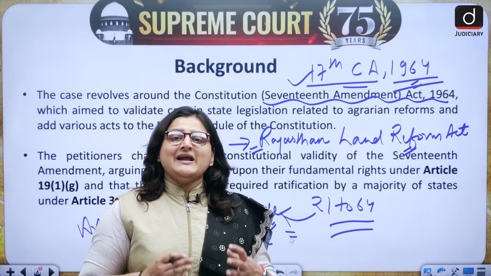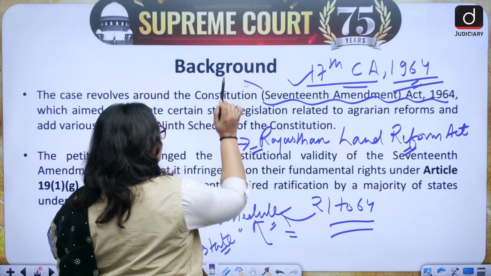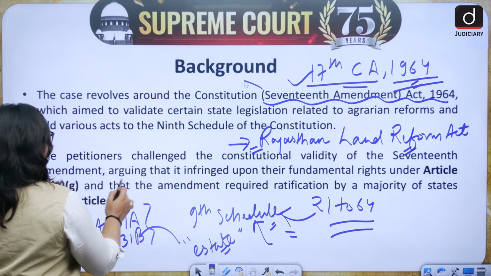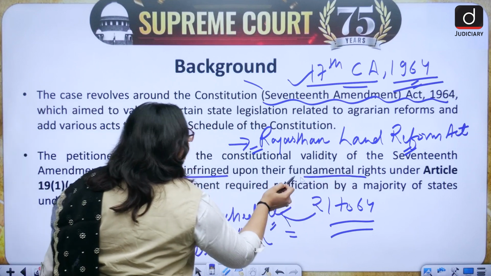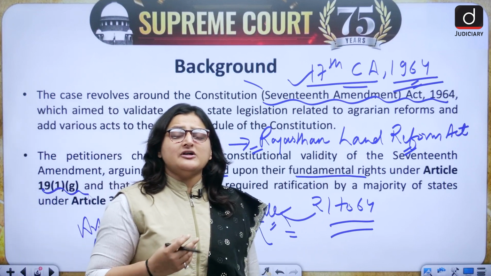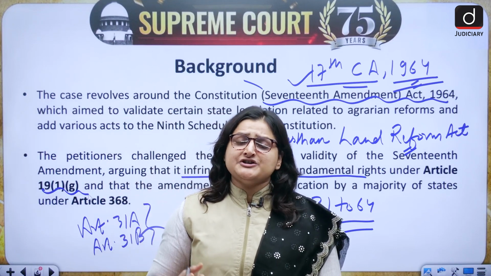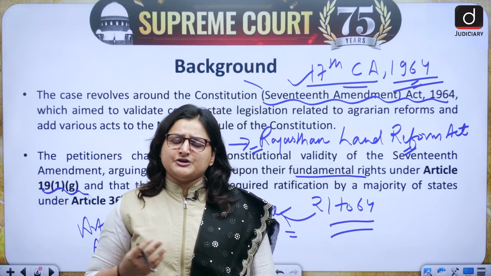So the petitioner's allegation was that through this 17th Constitutional Amendment, his fundamental rights regarding Article 19, Clause 1, Subclause G, which empowers the citizen of India to practice any profession, to carry on any trade, occupation or business, were infringed.